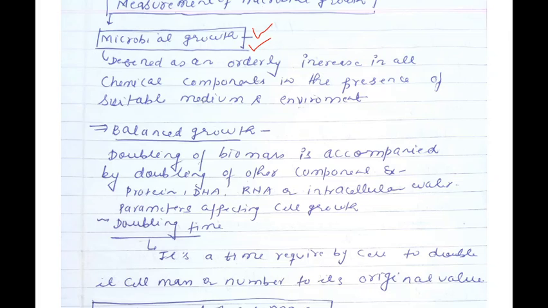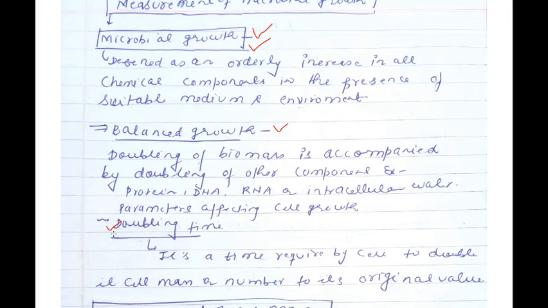So growth takes place in different manners, such as balanced growth. What is balanced growth? Balanced growth means doubling of biomass is accompanied by doubling of their components. जितना उसका biomass बढ़ रहा है, according to that उसके component अगर cell के increase हो रहे हैं, then we call it balanced growth. So what is the doubling time? Doubling time is the time taken by any cell, for example bacteria, to double its population.